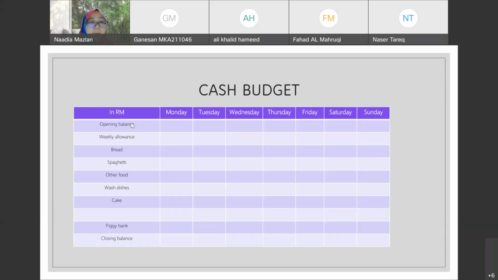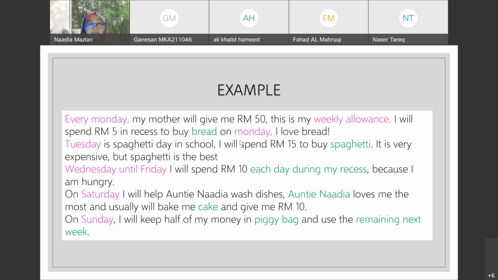So the opening balance, because in any cash budget, you need to put the opening balance, whatever you get from last week. So your weekly allowance, bread, spaghetti, any other foods, wash dishes, cakes, piggy banks, and closing balance for every day. This one is for daily. Okay, so you've got all these things from the green color.